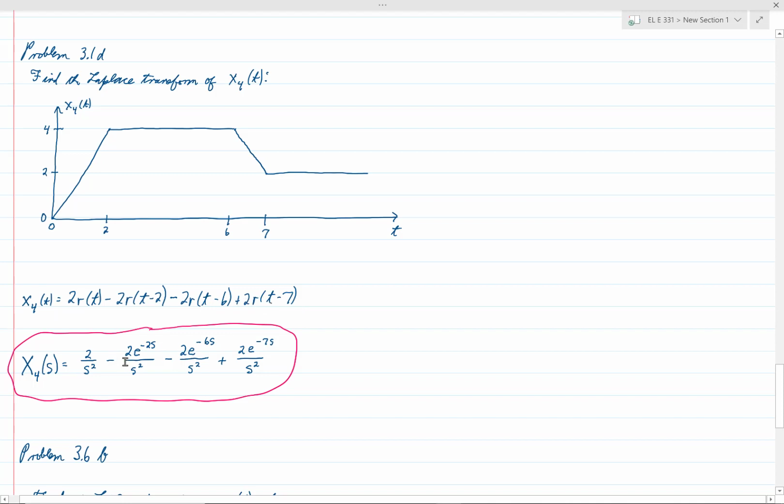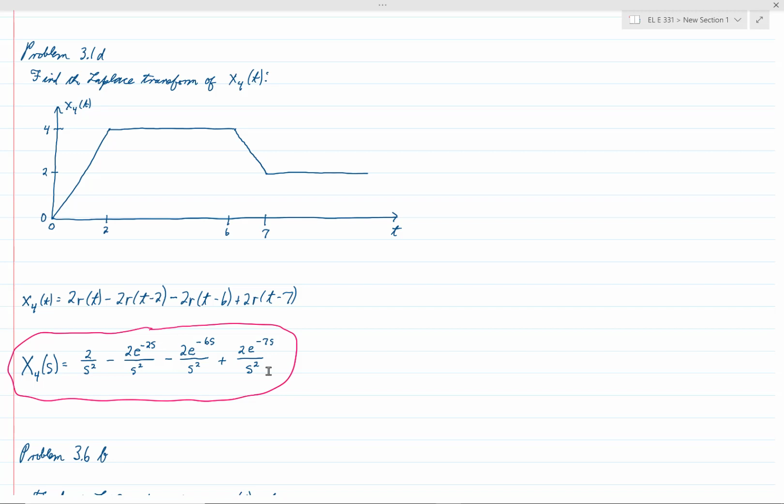So we have minus 2e to the minus 2s over s squared, minus 2e to the minus 6s over s squared, and plus 2e to the minus 7s over s squared, repeatedly using the time shift property.